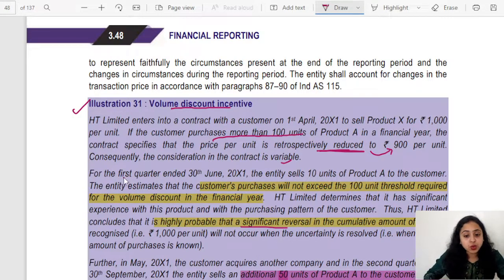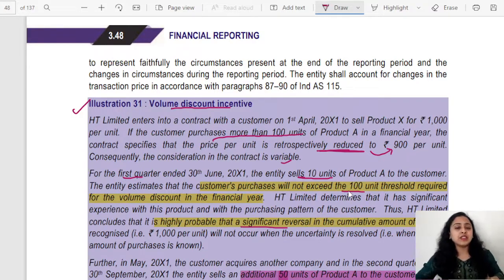For the first quarter, that is 30th June 2001, the entity sells only and only 10 units of product A to the customer. The entity estimates that the customer's purchases will not exceed the 100 unit threshold, since in the first quarter they have only sold 10 units.